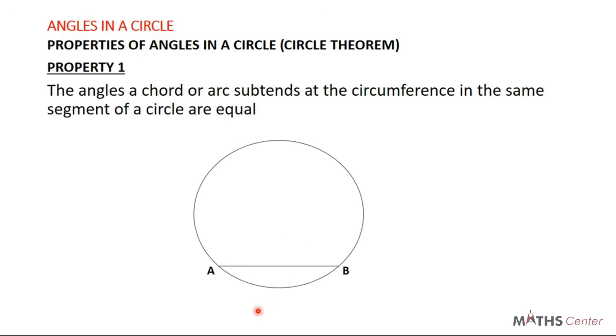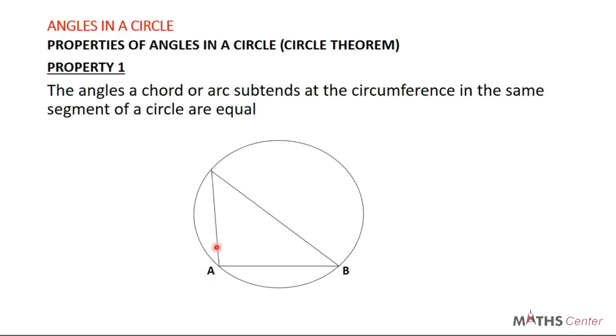What this means is that if we draw a line from A to this point on the circumference, and draw a line from B to this point on the circumference, you see that this chord AB has created an angle here.